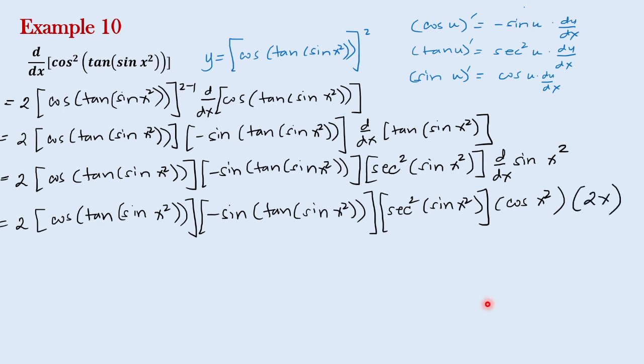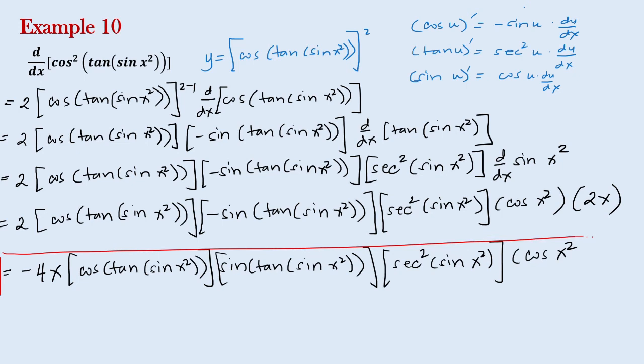And to simplify, we have 2 times negative 1 times 2x. So that would be negative 4x. And let us just copy the other factors. So this is now the derivative of the given function.